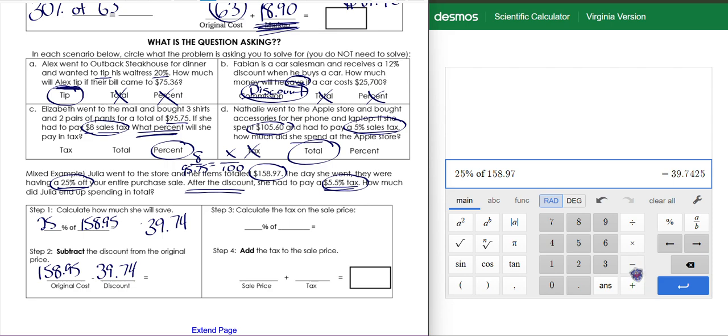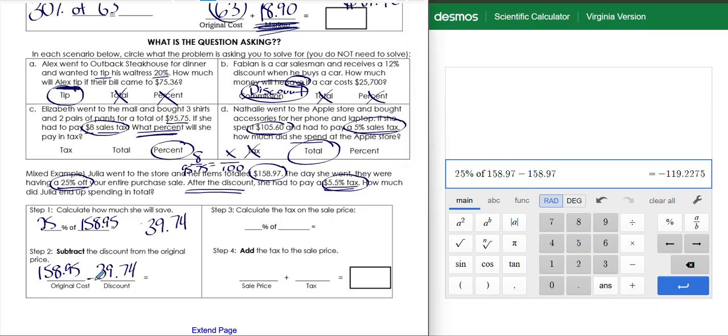So I prefer to do as little work as possible. So I'm just going to write this. This is going to feel a little bit wrong, but just like I was adding before, I could do it in one line here. I'm going to subtract 158.97, and it's going to give you a negative version. We're subtracting these really in the wrong order. Maybe you don't want to do it this way.